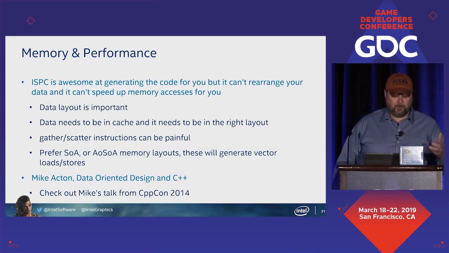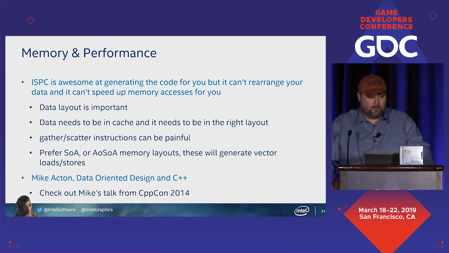So ISPC is pretty awesome at generating the vector code, but it can't rearrange your data, and it can't speed up memory accesses. So data layout is pretty important. Your data needs to be in cache, and it needs to be in the right layout. Gather and scatter instructions can be painful, especially if they're in inner loops.